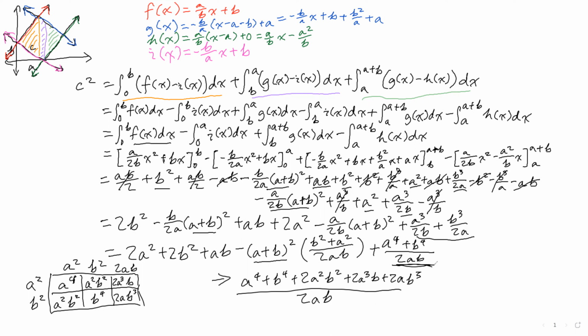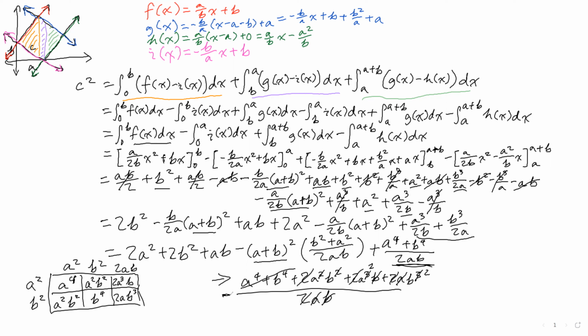So the a to the fourth plus b to the fourth would cancel out. 2a squared b squared plus 2a cubed b plus 2ab cubed. These 2's would cancel out. Get rid of 1 from this term. This would become a squared, this would just become b cubed, this would just be b, and then this would be squared. And remember, all of this is negative.